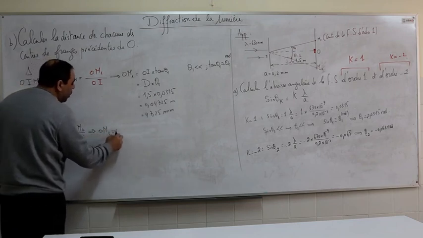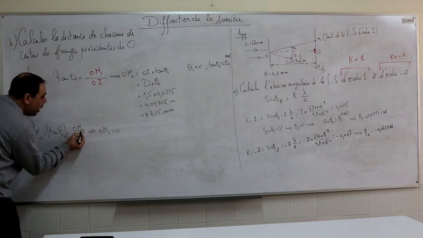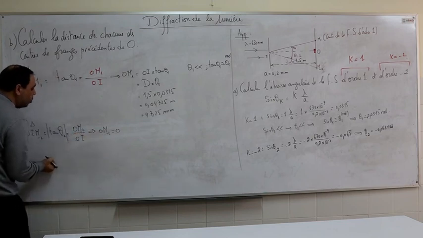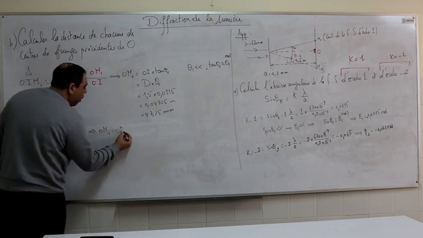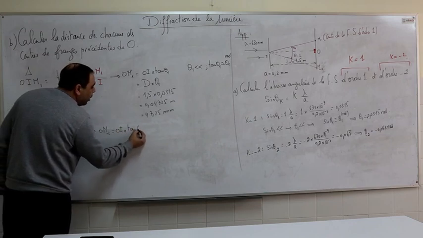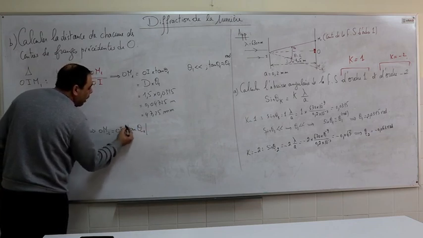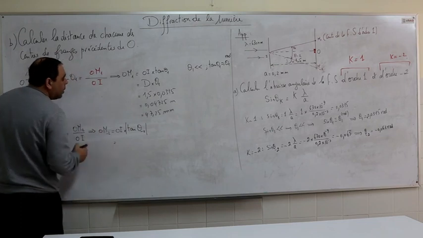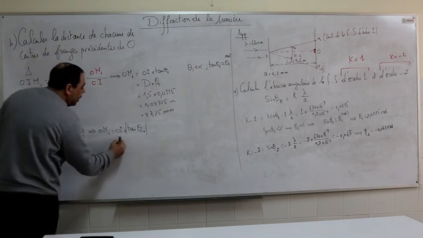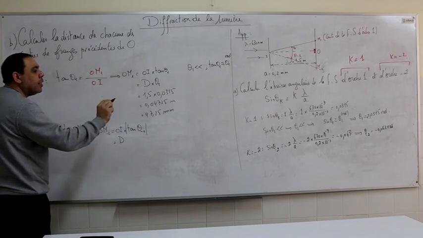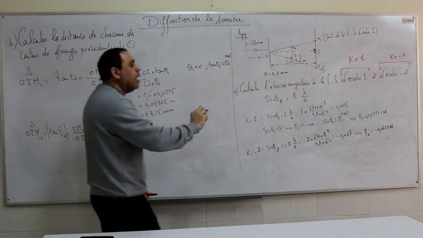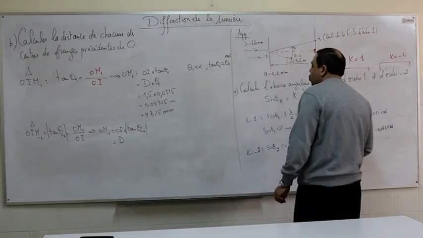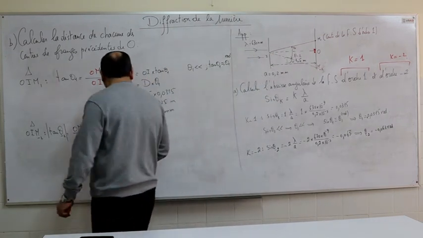So we get OM negative 2 equals OI times the absolute value of tangent theta negative 2, and in the same manner tangent theta is approximately equal to theta in radians, of course.